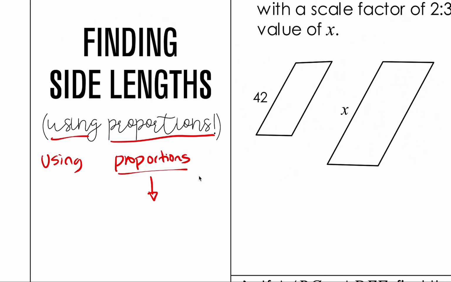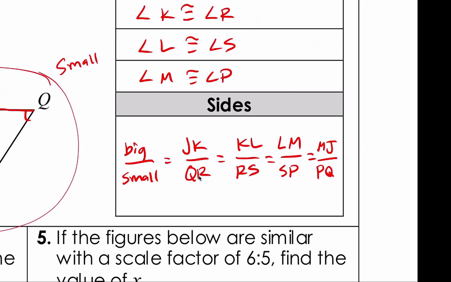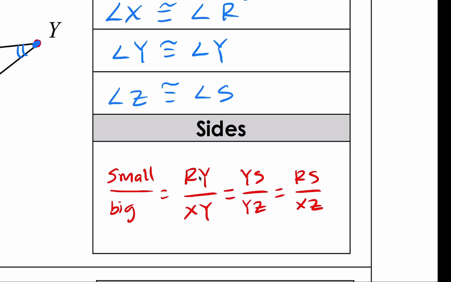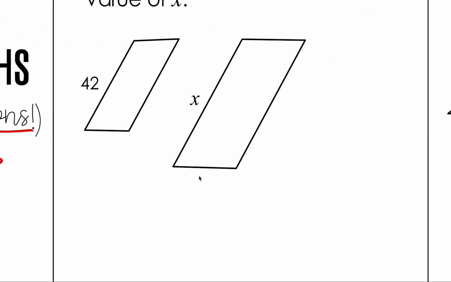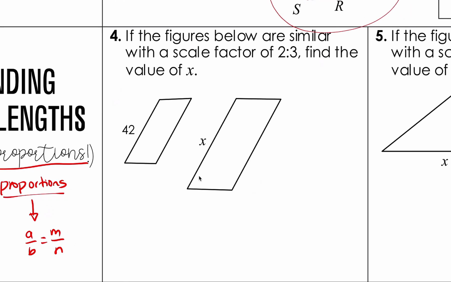And if you remember, a proportion is just two ratios equal to each other. That's it, right? So I know over here we set up how many? For a quadrilateral, we had 4 proportions equal to each other. For a triangle, we had 3 proportions equal to each other. But when we come down here, we just need 2. We just need 2.